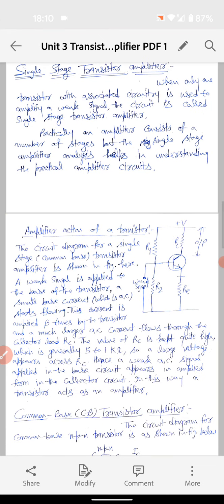That amplifier is not a single stage amplifier, but has a multi-stage amplifier circuit which amplifies the signal to a large extent. But for basic understanding we need to understand how a single stage amplifier works.